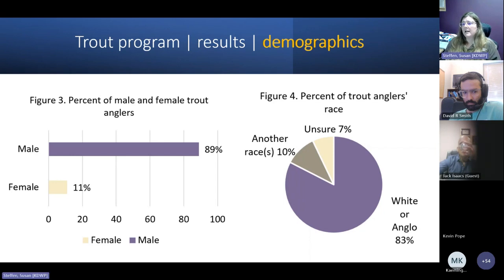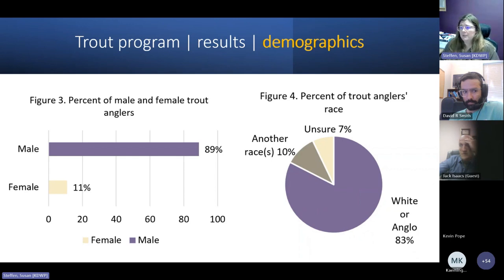Looking at demographics now, we found that the majority of our trout anglers were mostly white males and had an average age of 51. That was significantly higher than the average age of typical anglers that we come across. In our licensed angler survey, the average age I think is about 47, 44, somewhere around there.